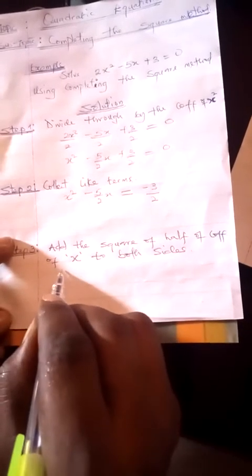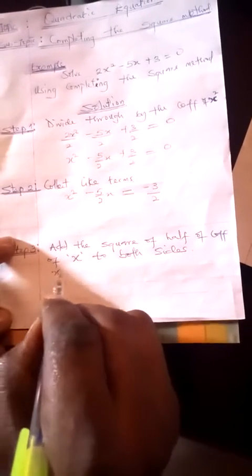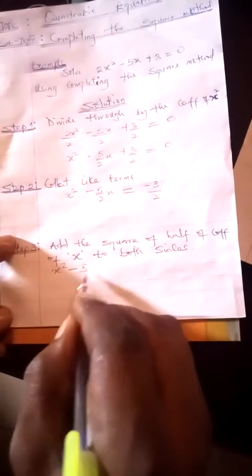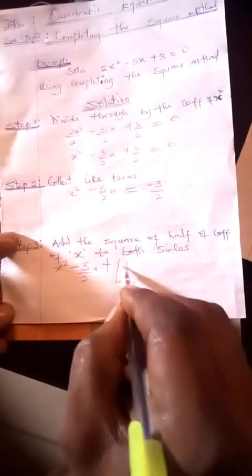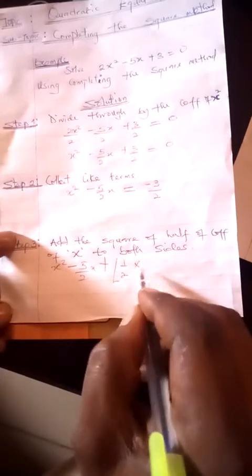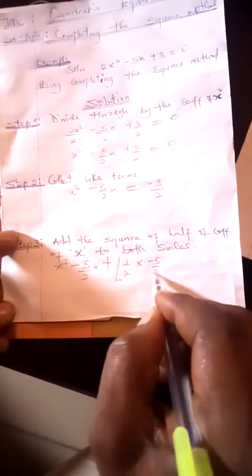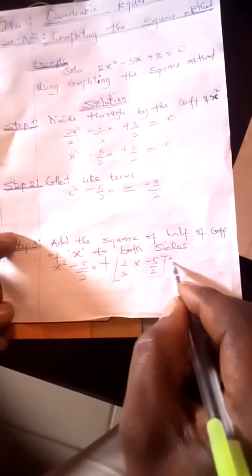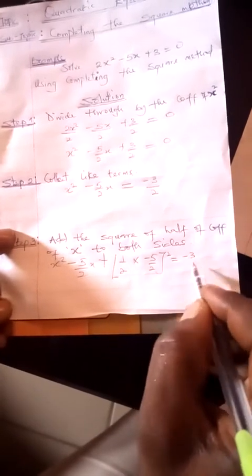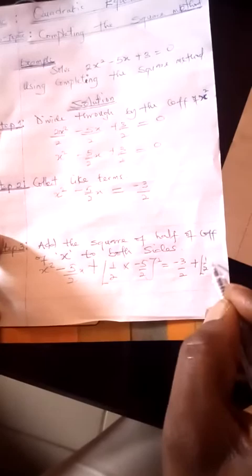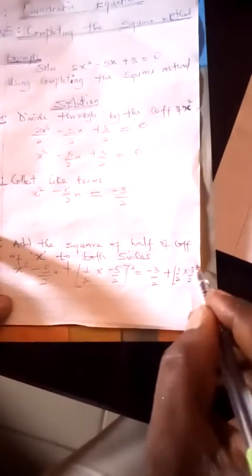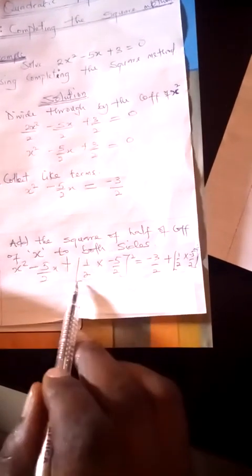That is, we will have x squared minus 5 over 2x plus half times minus 5 over 2, squared, on the left, and minus 3 over 2 plus 1 over 2 times minus 5 over 2, squared, on the right.